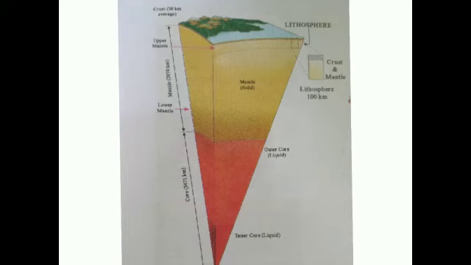Now see what is outer core. So the secondary waves cannot pass through this outer core. Outer core is about 2900 kilometer to 5100 kilometer around the earth, and they get absorbed in this region.